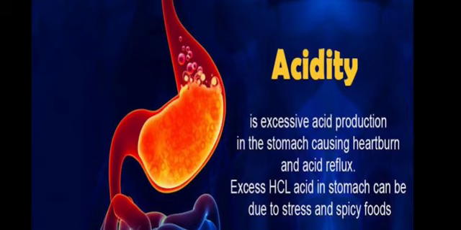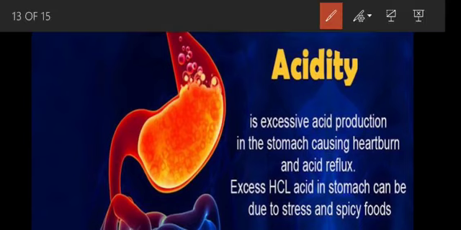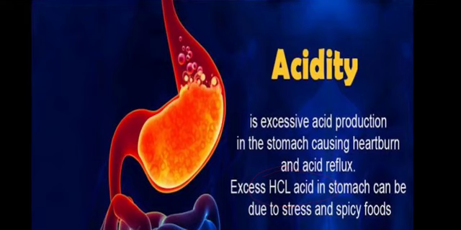Now we will see some examples of neutralization which we see in our everyday life. First, indigestion. Our stomach contains hydrochloric acid. It helps us to digest food, as we had learned in the chapter Nutrition in Animals. But too much of acid in the stomach causes indigestion.